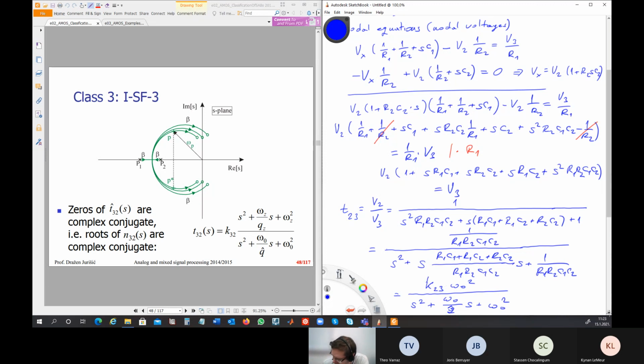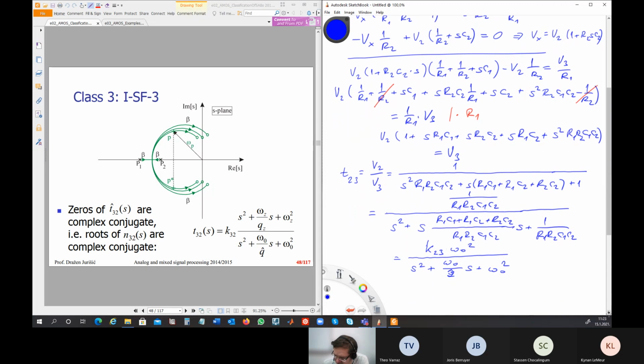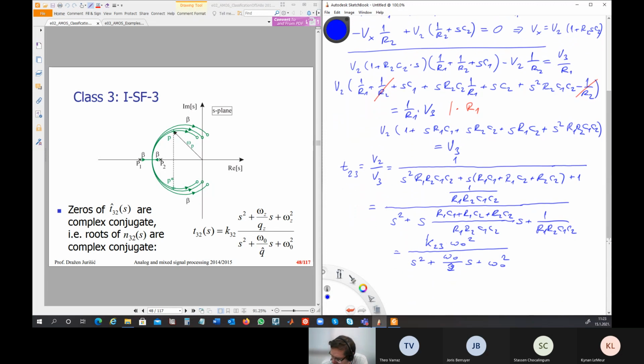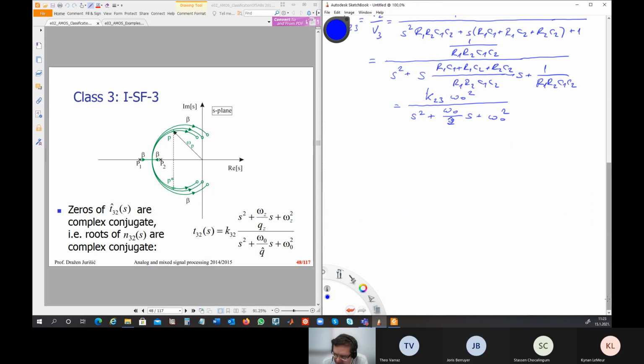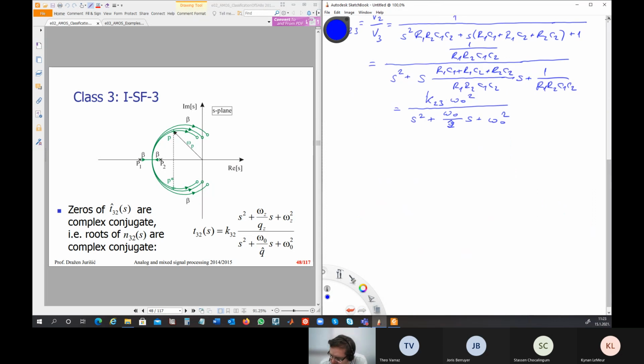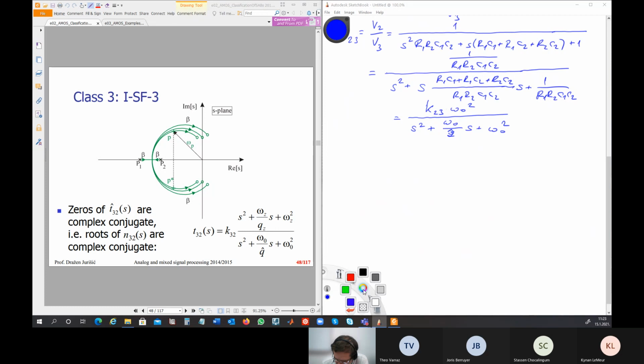Okay, now we have noticed that when we write the transfer function of this circuit, V2 over V3, we very quickly come to this form, and then we can recognize the parameters. If we compare, we can write omega 0 squared is 1 over R1 R2 C1 C2.